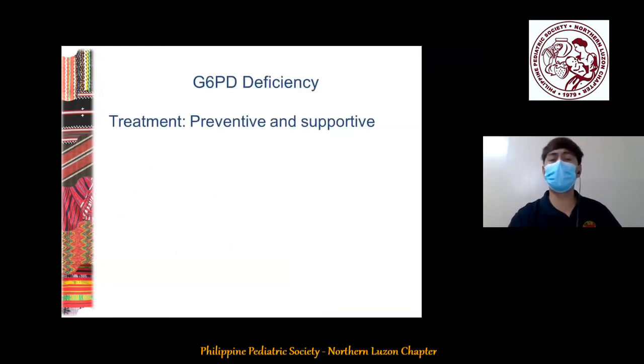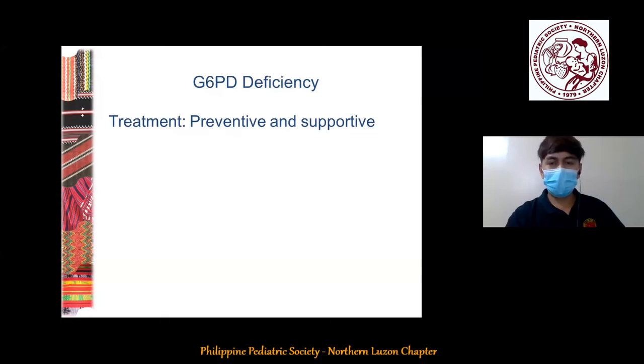Okay, for G6PD deficiency treatment, wala pong gamot ang G6PD deficiency, only preventive and supportive. So prevent yung mga bawal or yung mga dapat i-prevent and supportive, support natin yung baby hanggang paglaki, ma-explain sa kanya that these are kailangan i-avoid, okay?